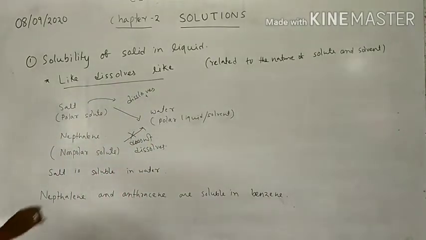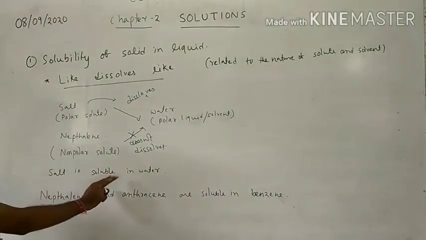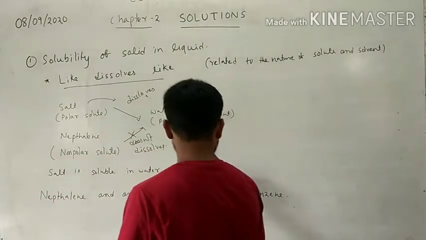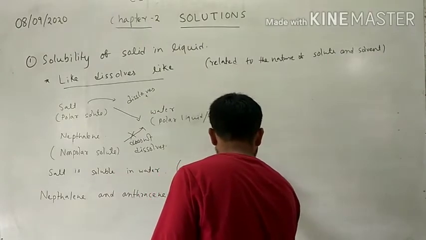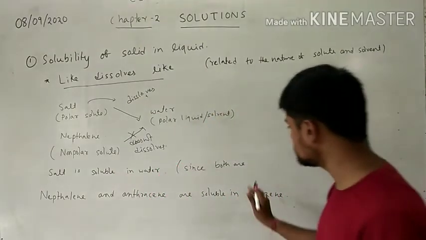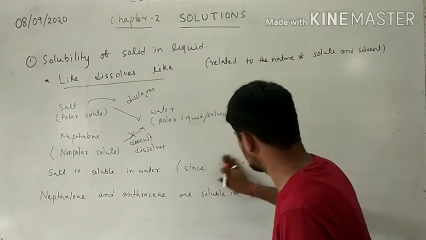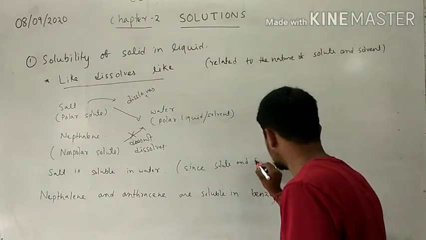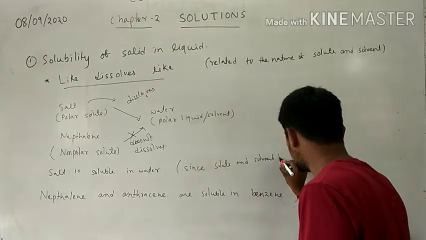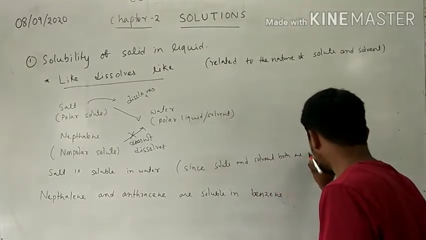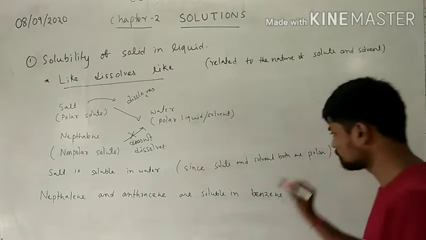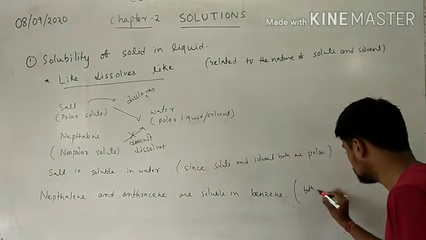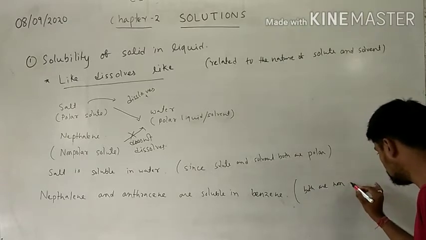So we can conclude why salt is soluble in water: since both solute and solvent are polar, and in the other case both are non-polar.